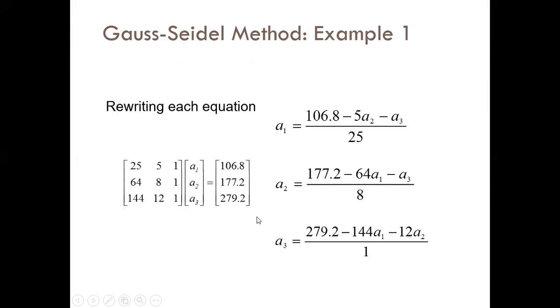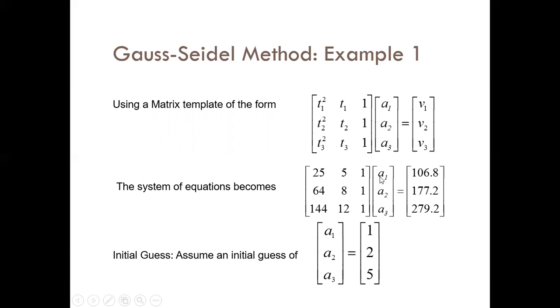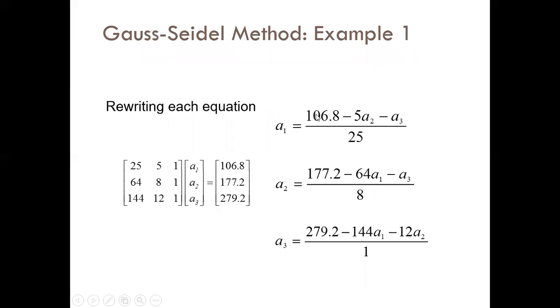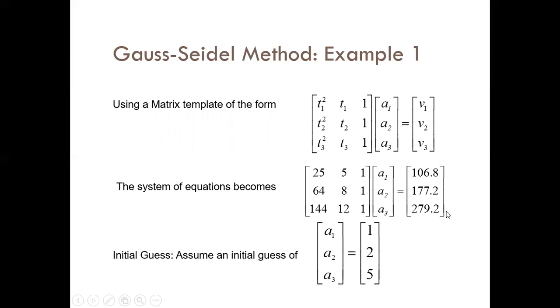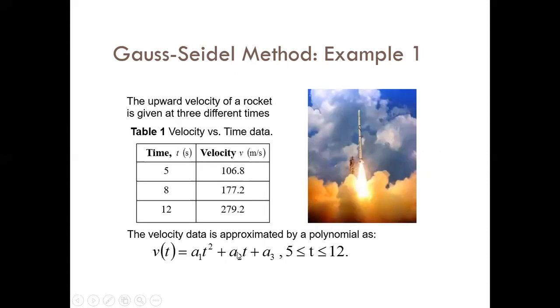Write the equation. A1 is equal to 106.8 minus 5A2 minus A3 divided by 25. Instead of that, we can write simple equations by putting the values in that equation.